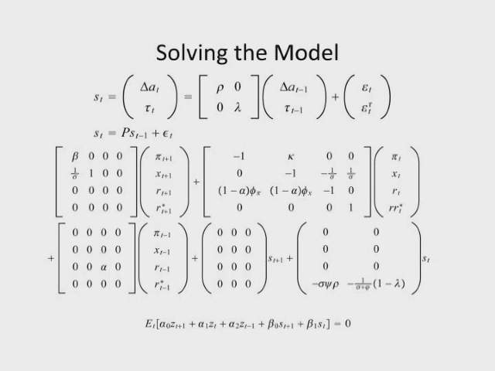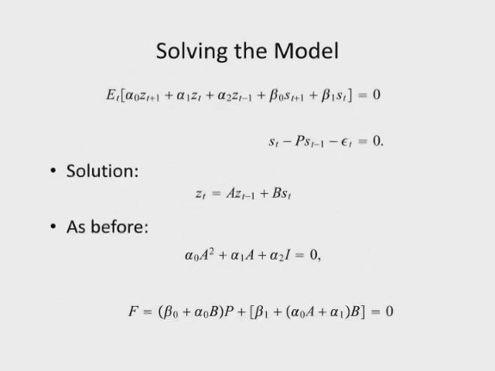So this is this equation here. Now what I want to do is find a solution. There's the whole system. That upper equation is all the equations on the previous slide, and then you have the law of motion for the shocks. The solution is a matrix A and a matrix B that satisfy the equations I put up before.